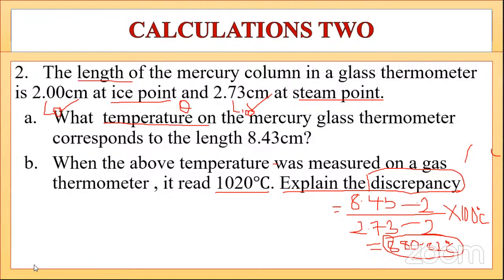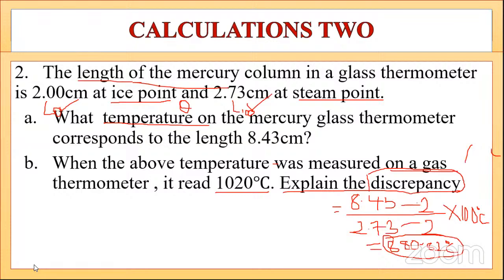This one is using the length of mercury, and this one is using the volume of the gas, or the pressure of the gas. But the way the length of the mercury varies with the temperature is different from the way the volume of the gas varies with the temperature. And so the two cannot give the same reading. That's what brought about the discrepancy in the reading.